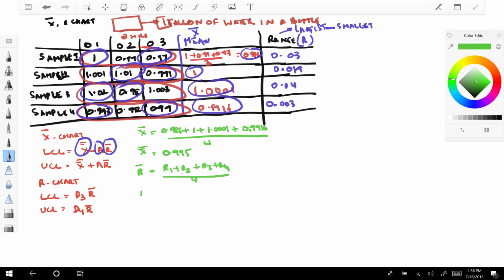So R bar is the average of all these numbers: 0.03 plus 0.019 plus 0.04 plus 0.003 divided by 4. That is, R bar is equal to 0.023.